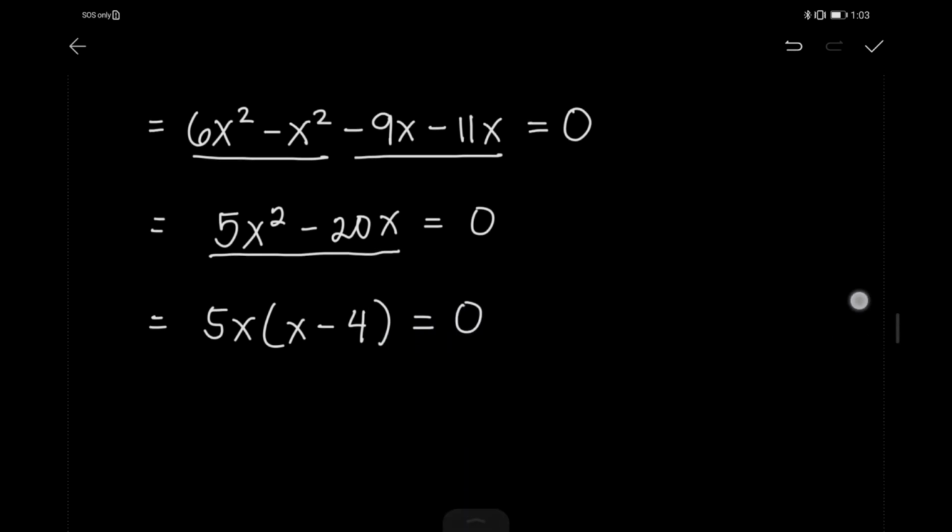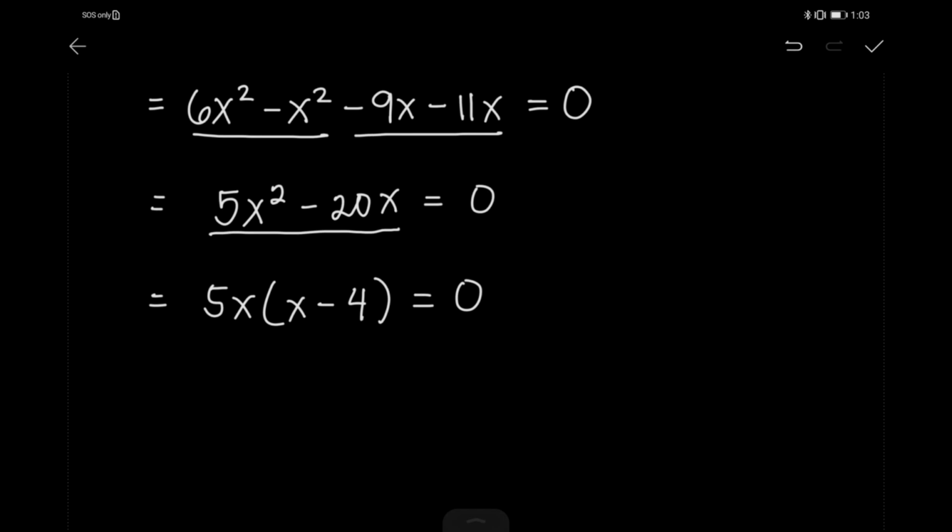So what will be the value of x that can make our equation equal to 0? The value of x is equal to 0, because if x is 0, we have 5 times 0 is 0, and any number multiplied to 0 becomes 0.